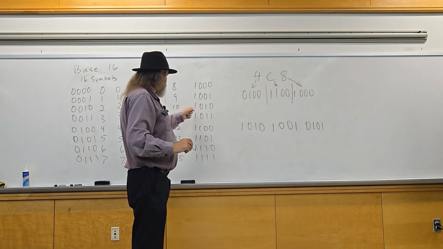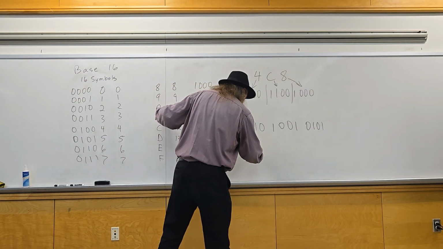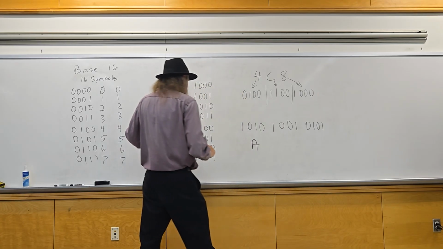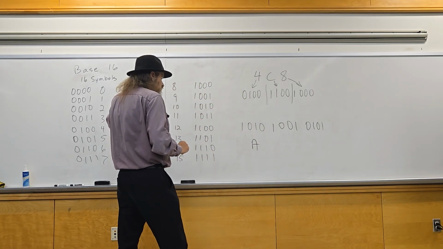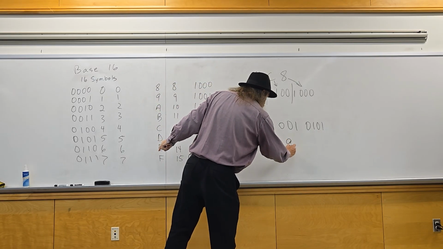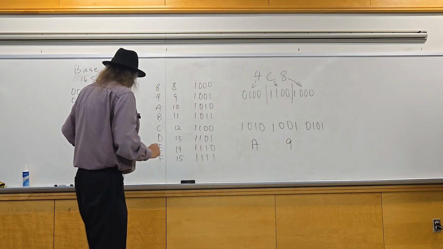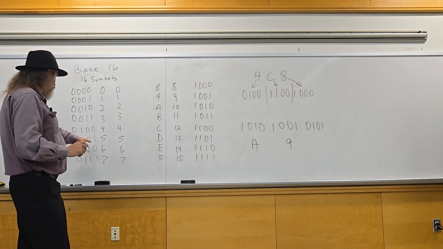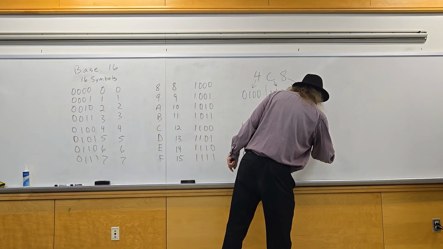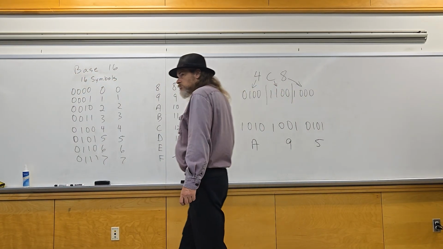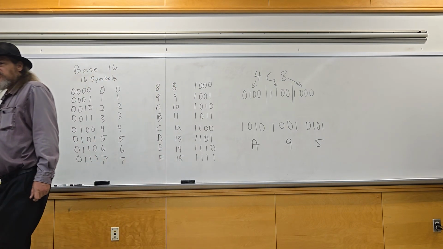This is here. That's A. 1001 is 9, and 0101 is 5. Easy peasy.